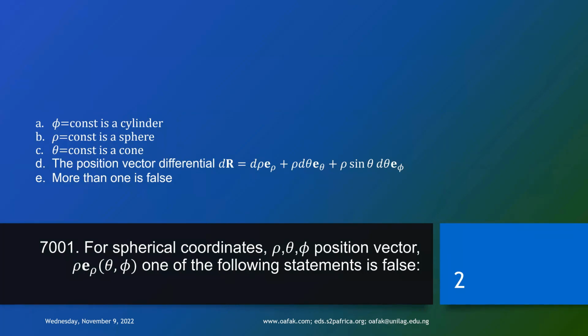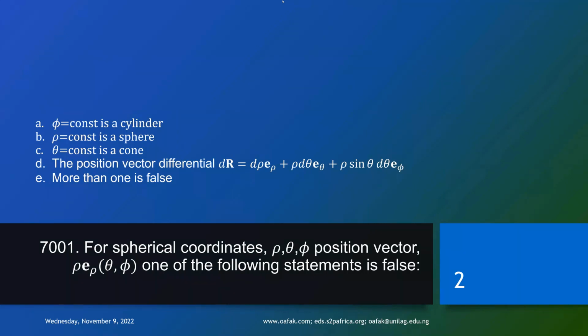That is, the false statement is that phi is equal to constant is a cylinder. So I want the class to go online and tell me what kind of surface that is. If it's not a cylinder, what kind of surface is it? Phi is constant. What kind of surface is phi is constant?